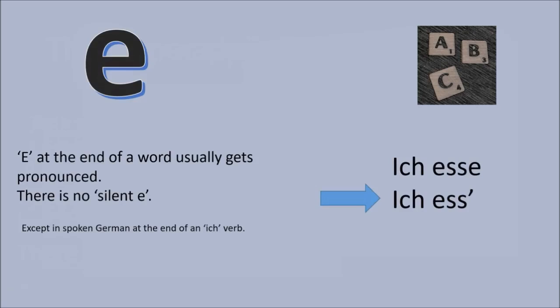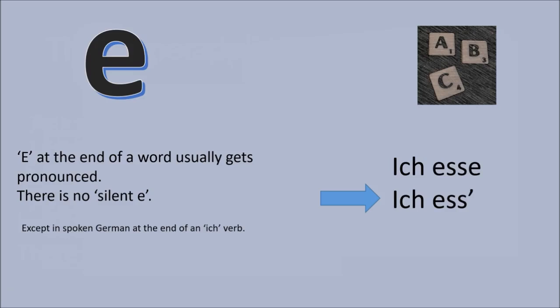Now, E at the end of a word, as I said, usually gets pronounced, and there is no silent E. There is a slight exception in spoken German when you're talking about yourself. You remember, you most likely will have learned that in verb conjugations, the ending for ich is E, so it would be ich esse, ich trinke, ich fahre, ich gehe, ich kaufe.